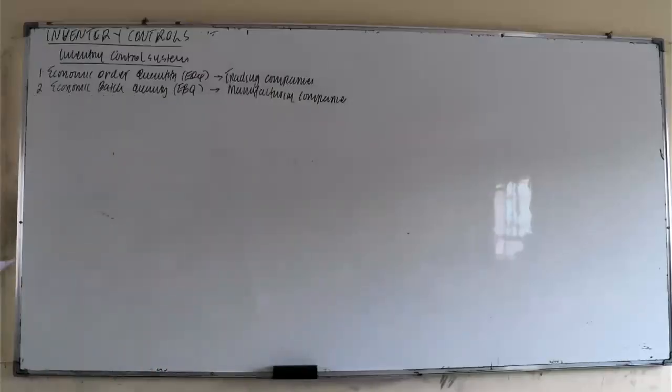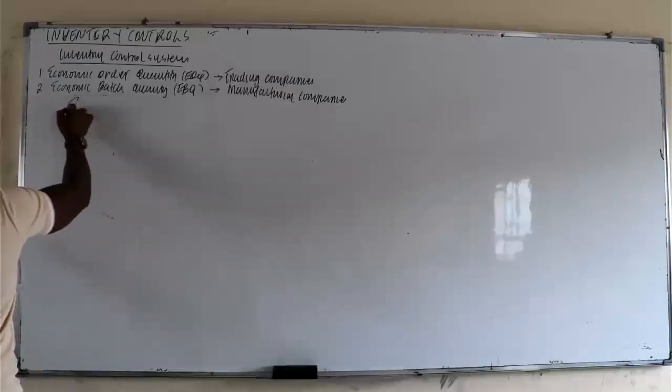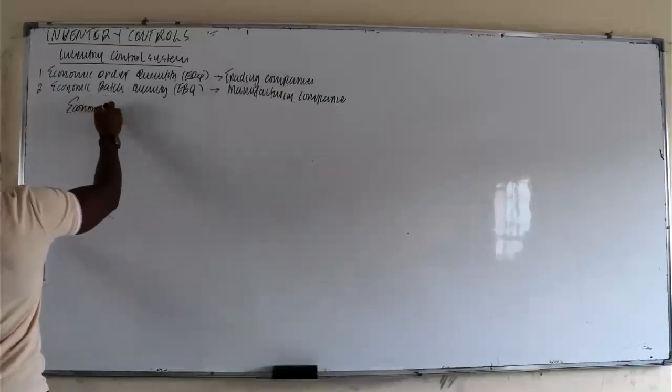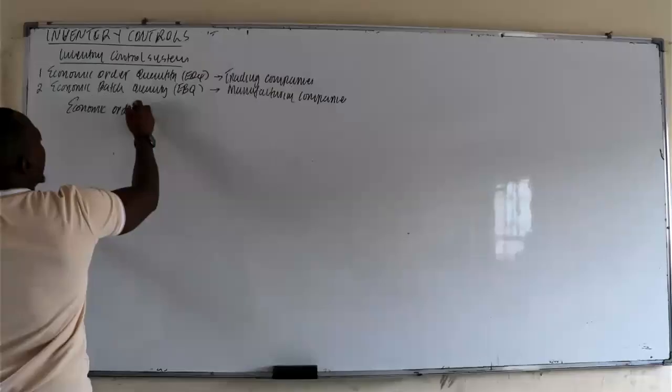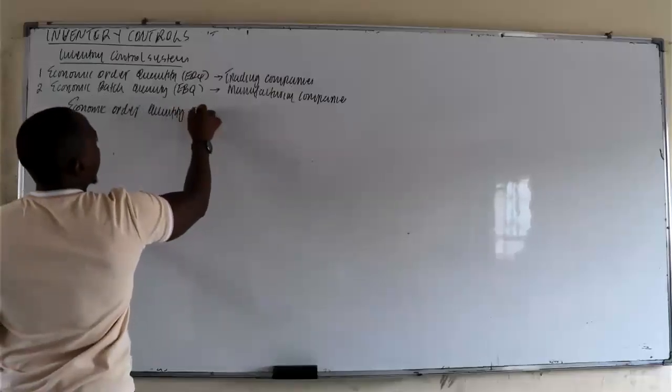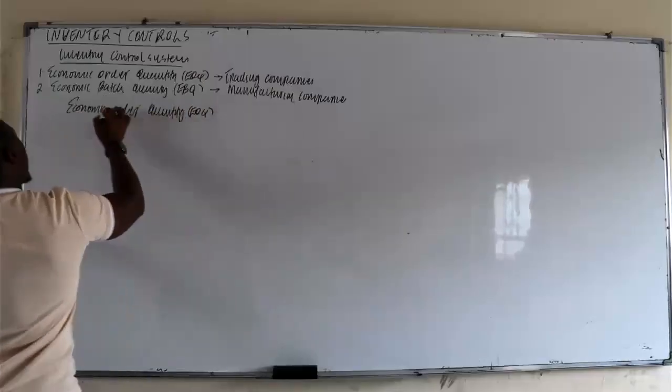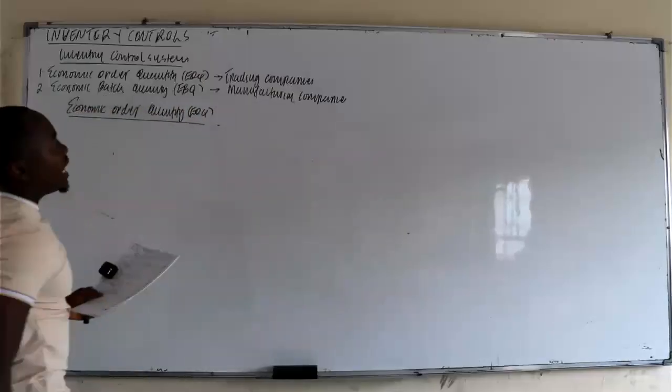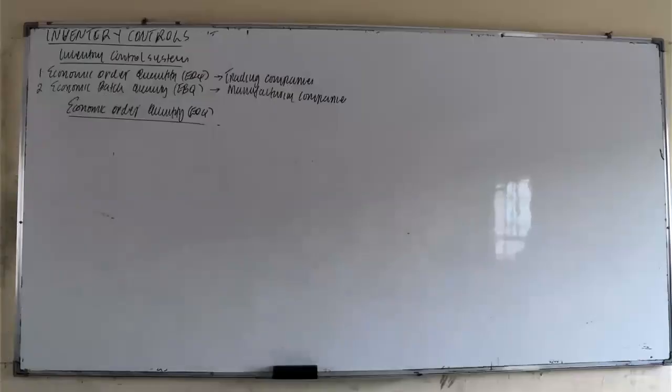And we start with the first one, the economic order quantity. Now, economic order quantity is applied by the trading companies.